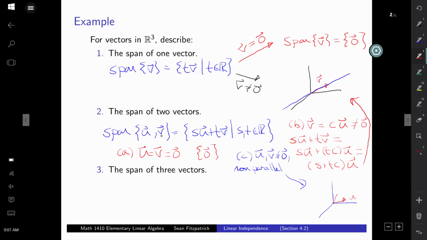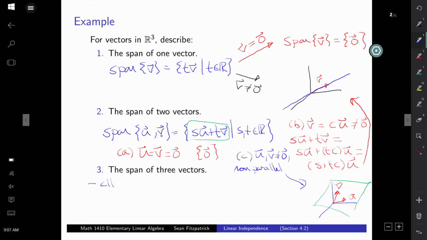Maybe here's U, here's V, and the span of U and V in this case is going to be the plane containing the vectors U and V. They're going to generate an entire plane. We know that because this expression is exactly what showed up when we wrote down the vector equation for a plane, given two vectors that are parallel to that plane. And then similarly, if you're dealing with the span of three vectors, well, I guess there are four possibilities.